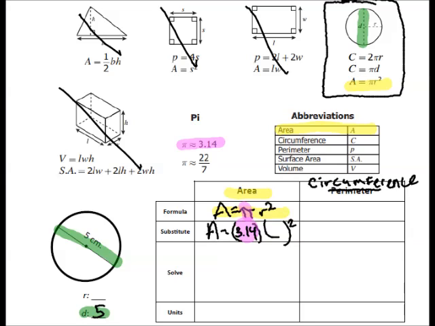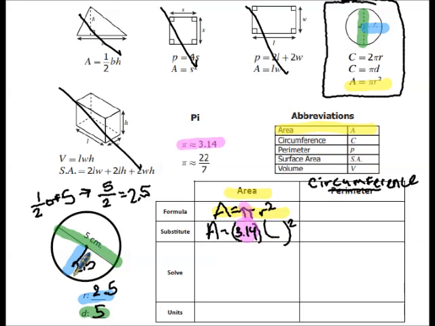So if you take half of the diameter, that would give you the radius. If I'm taking half of that 5, that's the same thing as taking 5 and dividing it by 2. And 5 divided by 2 is 2.5, so that radius is going to be 2.5 centimeters long.